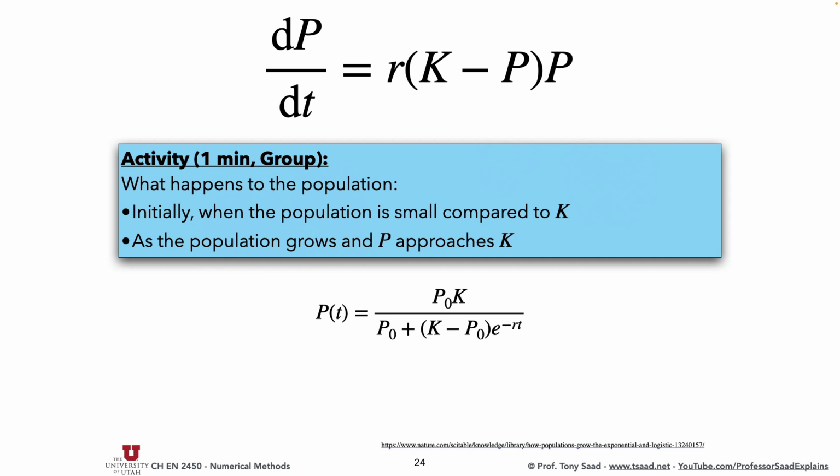You say, okay, the rate of change, it's growing, but it's going to reach a point where it's going to slow down. So I need to have a switch, K minus P. When P is equal to K, it becomes 0. That's the reasoning you will eventually develop. I don't expect you to know it now. Don't feel bad if you didn't figure this out. It's a difficult problem, but it's less difficult than directly thinking of this formula.